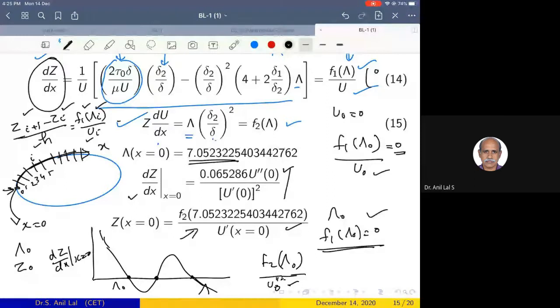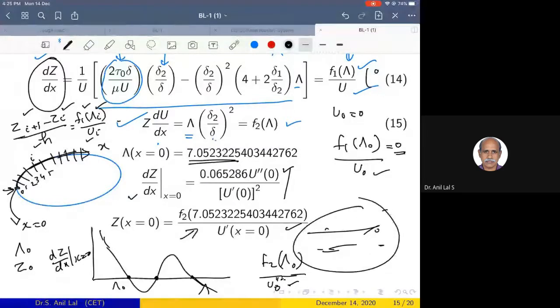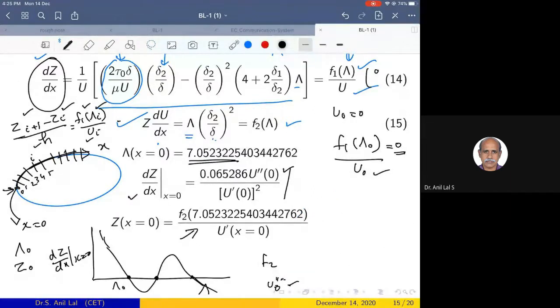So once zi plus 1 is known, we use this equation for any point: zi plus 1 and du by dx at i plus 1.